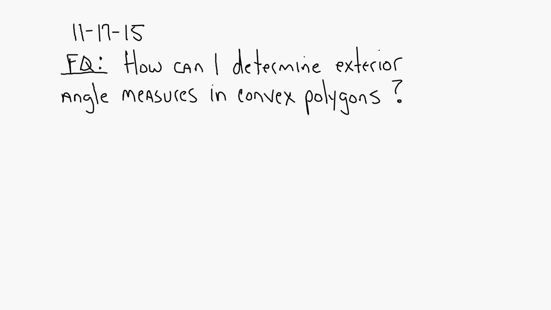How can I determine exterior angle measures in convex polygons? So let's define an exterior angle.